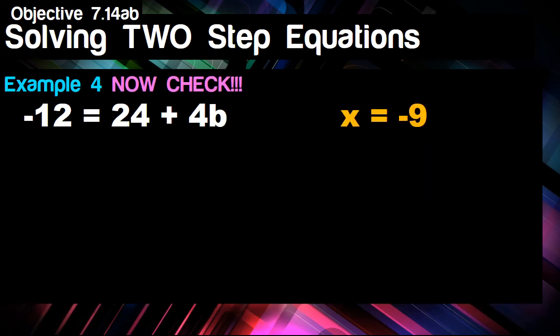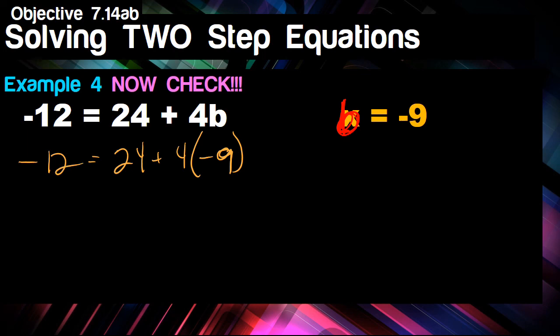So now let's check to see if what we have is correct. We had b is equal to negative 9. Let's fill that in here to check our work. We're going to use order of operations now on the right-hand side to check.